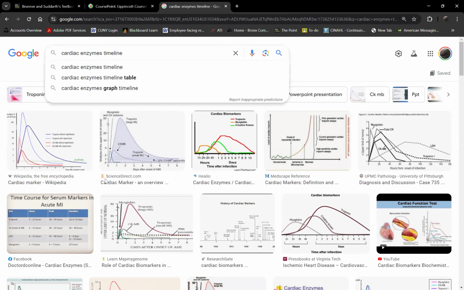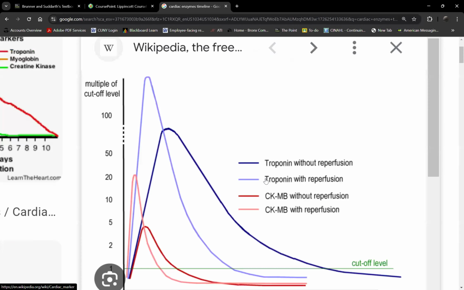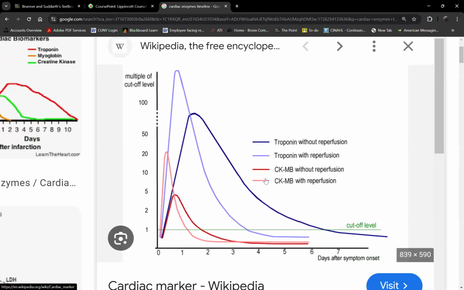Okay, so let's take a look at this drawing. The vertical axis is the value of the cardiac enzymes. The horizontal axis is time in days. This is not hours, this is days, okay? So meaning the first 24 hours would be here under 1. You follow? Okay.